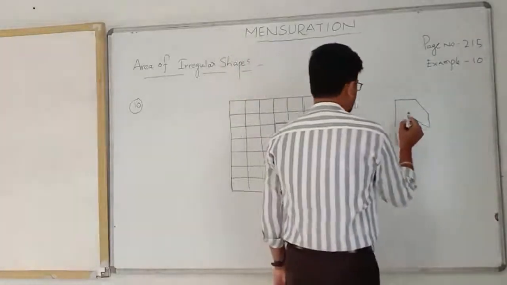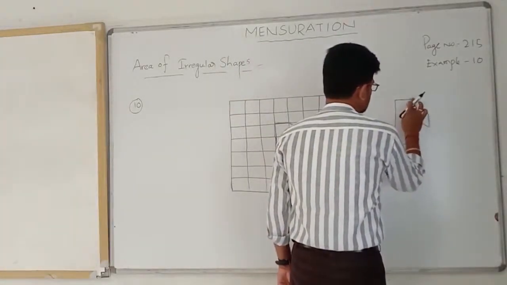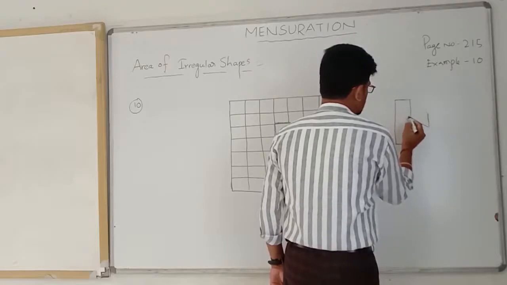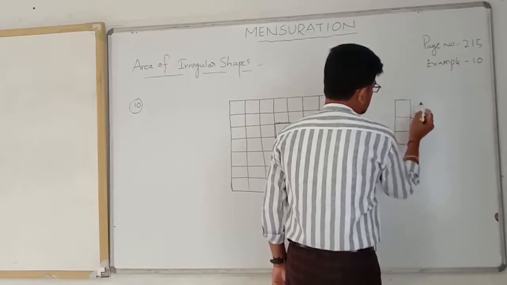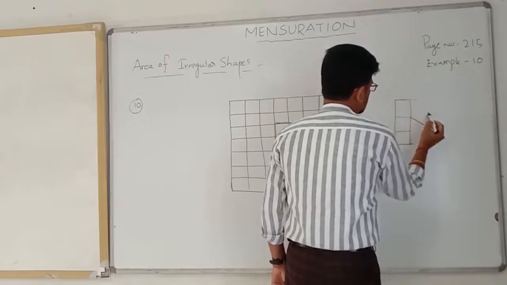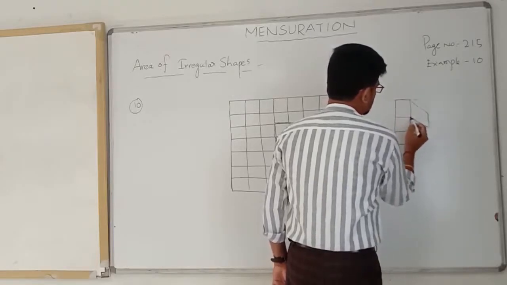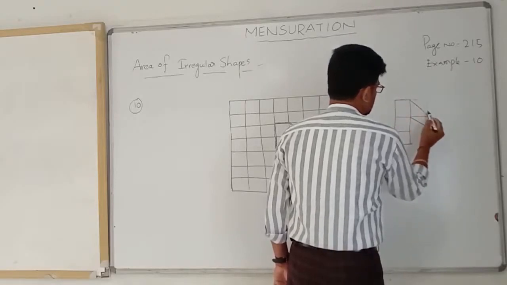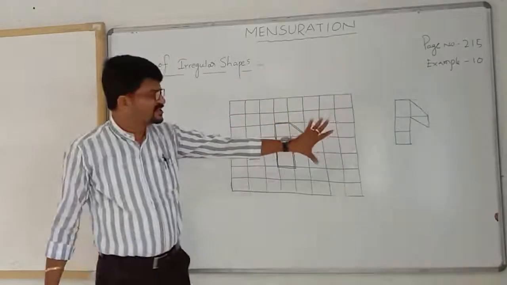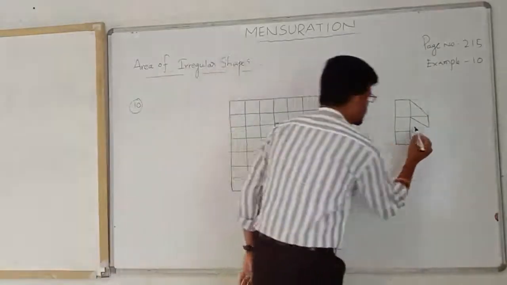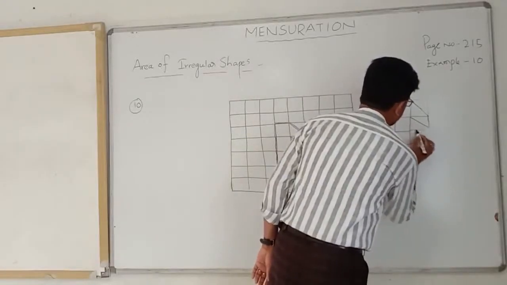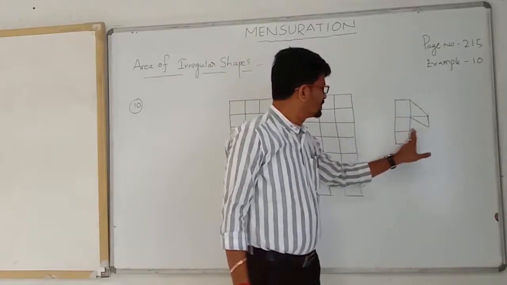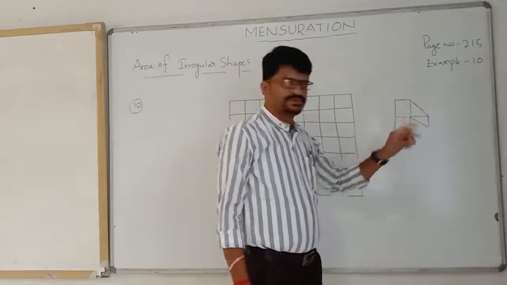If you draw the picture like this, this is the original picture. Now if you remove like this, this is the shape.